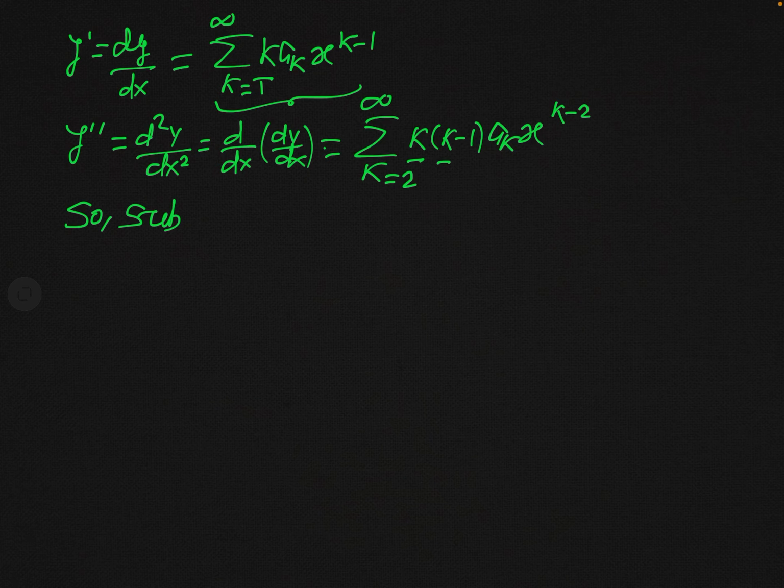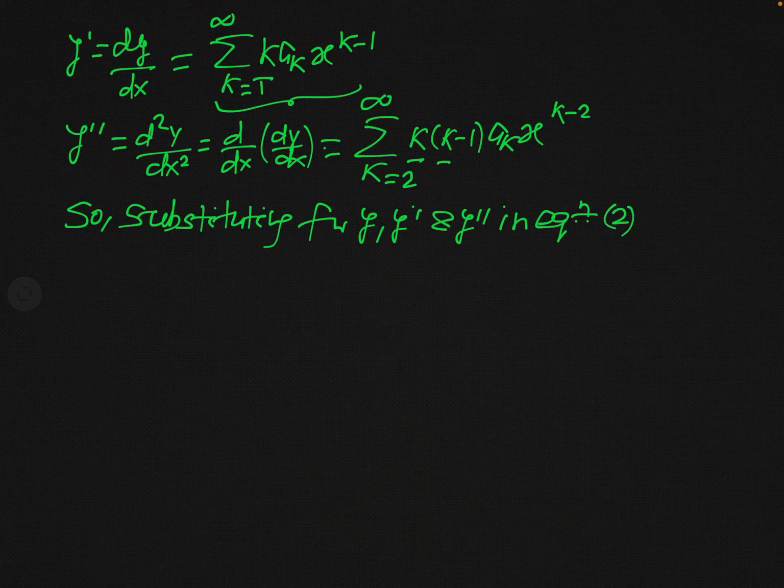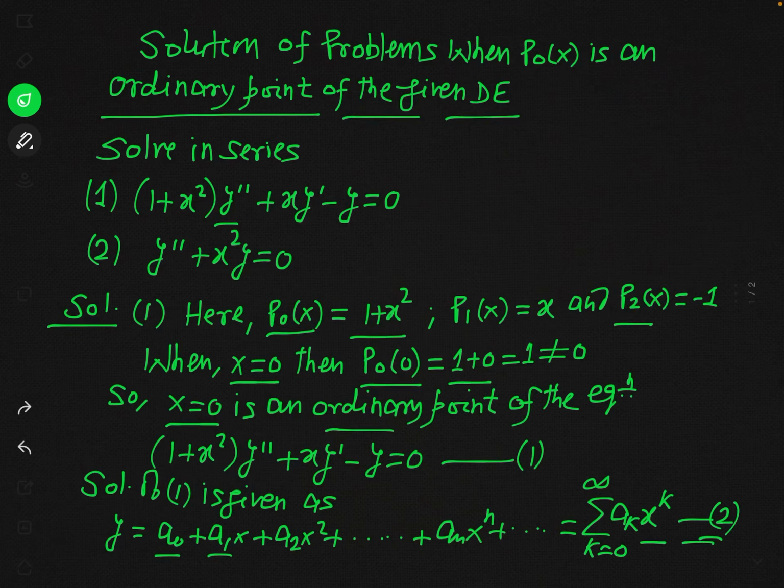Substituting for y prime and y double prime in equation 1, we get, when we substitute this, what will we get? Sorry, not in equation 2 but in equation 1.